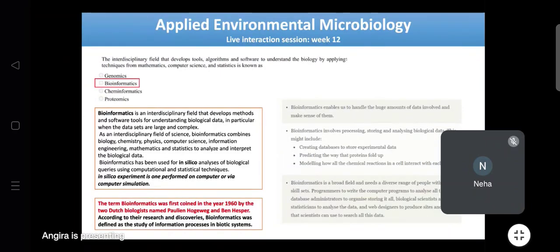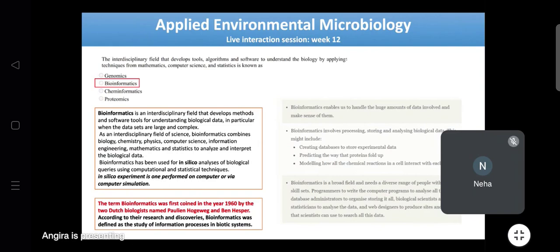You get certain nucleotide sequences or protein amino acid sequences with the help of software tools, and knowing which amino acid forms bonds with which amino acid, you can predict the way in which proteins will fold up in secondary, tertiary, or quaternary structure. Also, it helps us model all the chemical reactions in the cell and how cells interact with one another. All these things can be done with the help of bioinformatics.